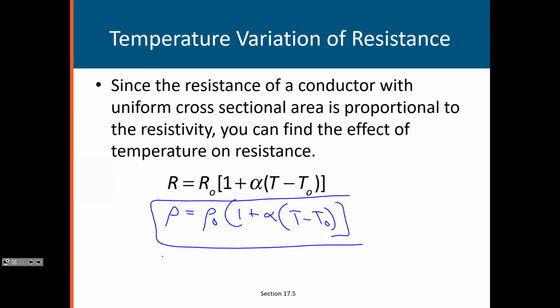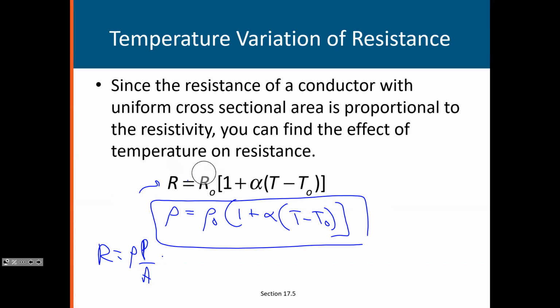This is what we had in the previous slide. Instead of rho, I can write it in terms of R, because R and rho are related like this for a given material. R is equal to rho L over A, and for R0, rho naught L over A. L over A cancels with L over A, so we get the relationship.